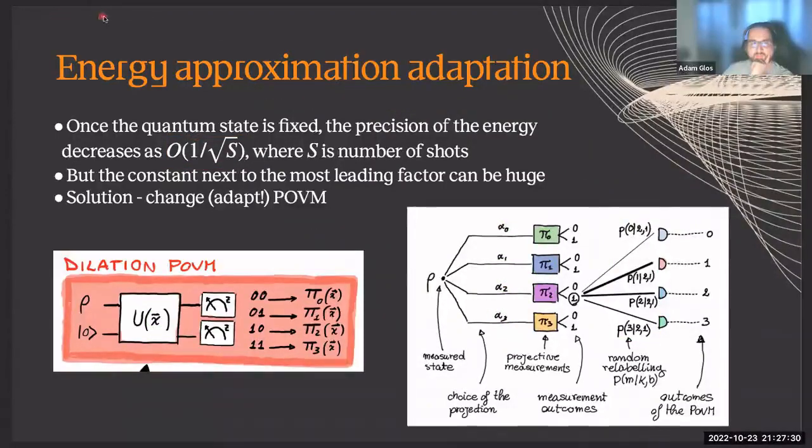So let me clear my drawing, perhaps. Typically how this is done is that the observable is written as a sum of Hamiltonians for which we can directly estimate the energy, and then each H_i will follow some normal distribution.